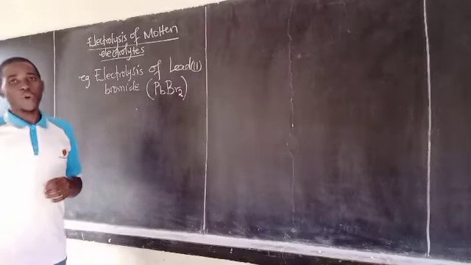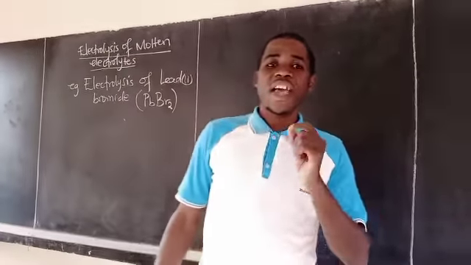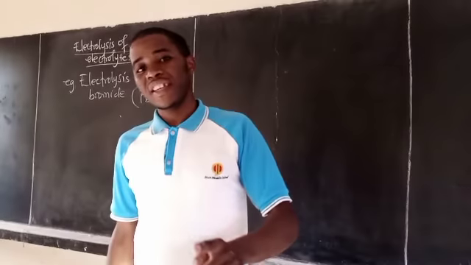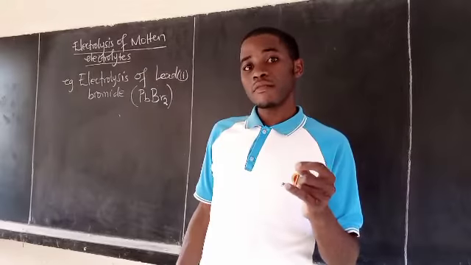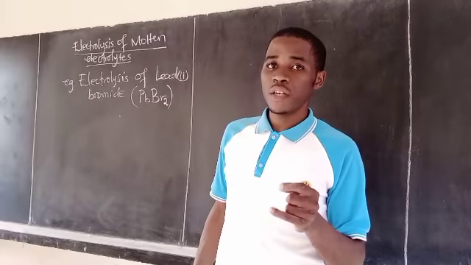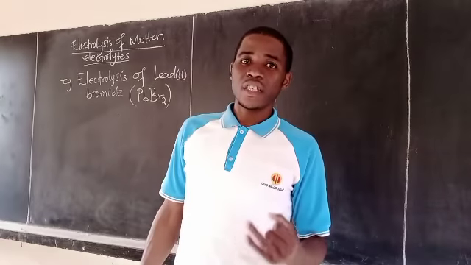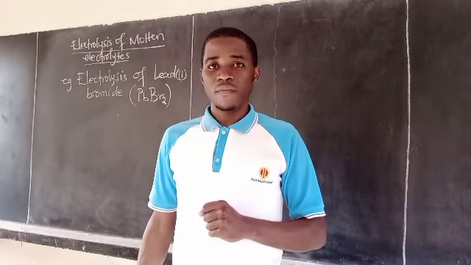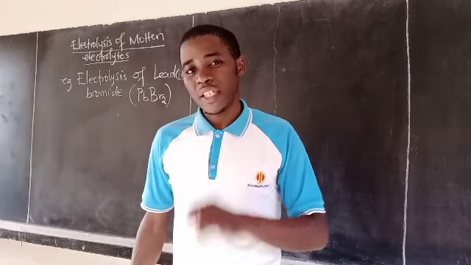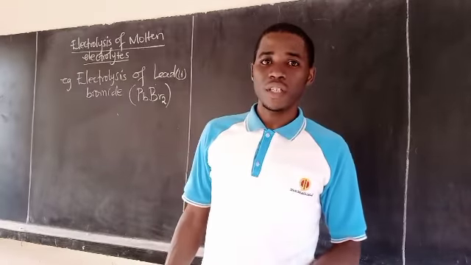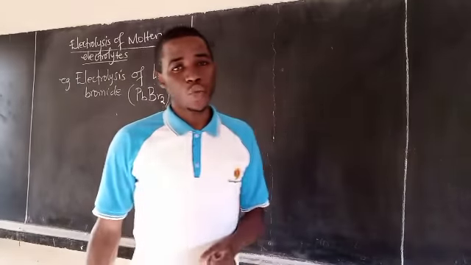Lead bromide is a white crystalline substance. It can melt when heated at a very high temperature, but it is slightly soluble in water. Meaning that if you want an electrolyte out of this substance, it is always easier to have it molten than to dissolve it in water because it is sparingly soluble.